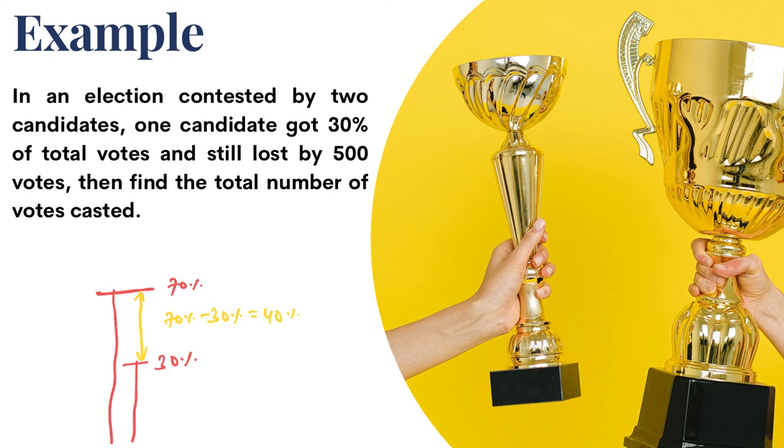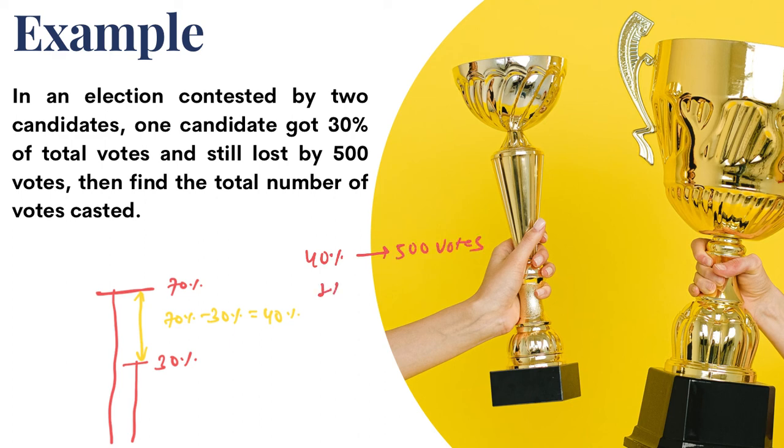According to the question, one candidate lost by 500 votes. So this variation is 40%, and according to the question this variation is equal to 500. So I can say that 40% must be equal to 500 votes.